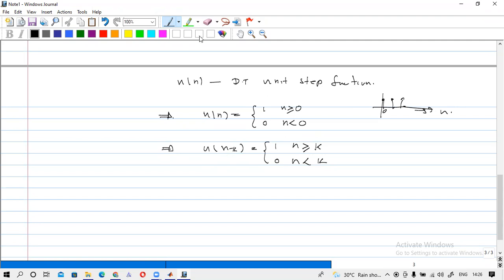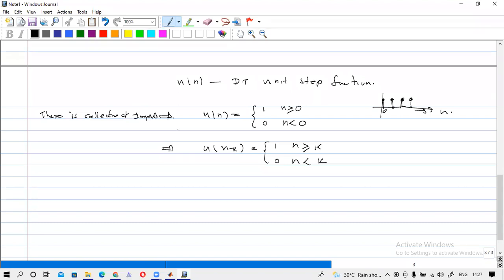What you can see here is that there are some impulses. If you consider this unit step signal, there is a collection of unit impulses.